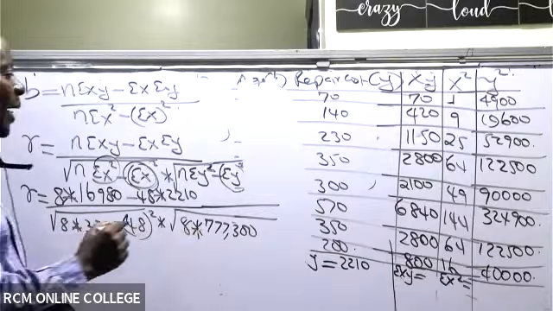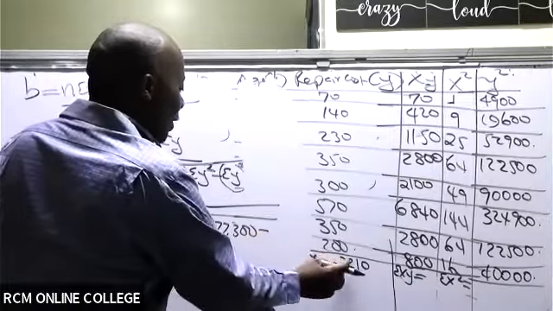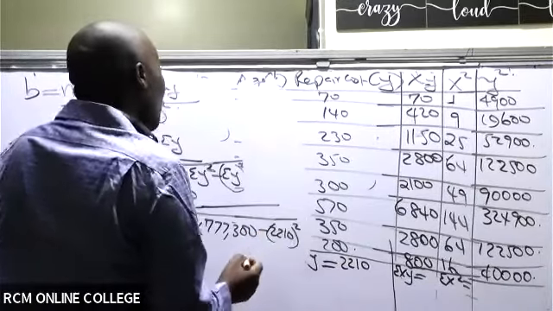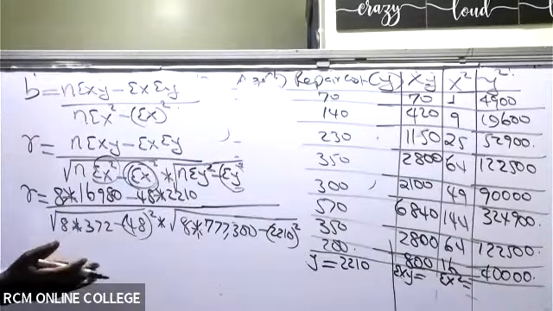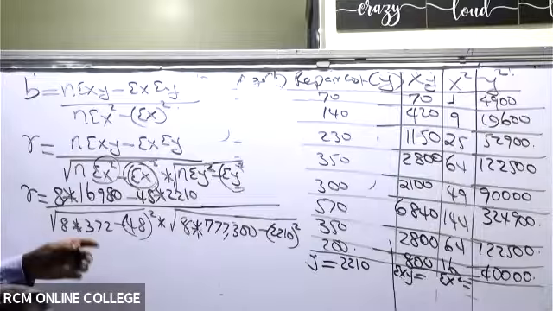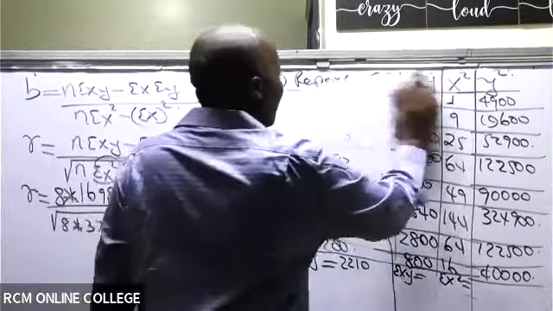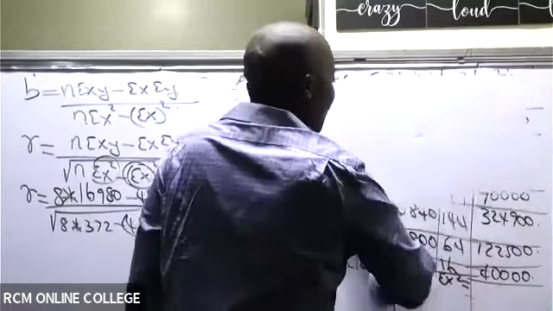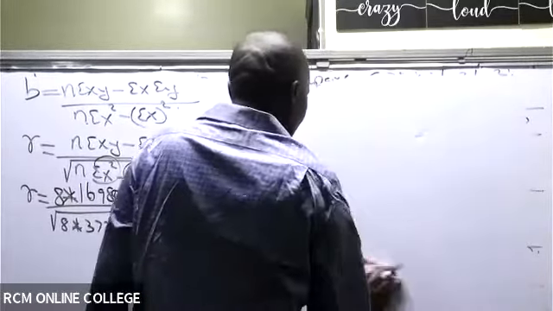Yes. Minus summation of y that I have here, 2210. Now you square this. It may look very big, but trust me, it's a very simple thing.